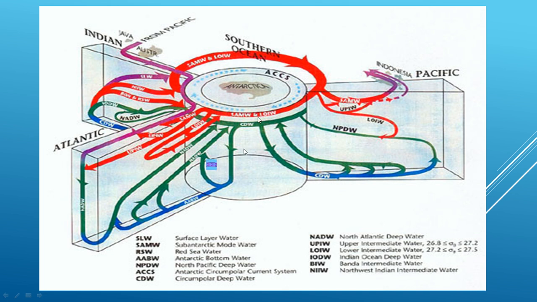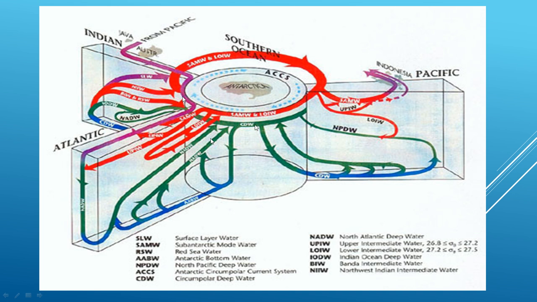Feeding in, feeding out. In other words, what goes on in the Southern Ocean connects every other ocean. All the oceans are connected. Eventually, in some manner or form, all the different water masses will interact with each other. This big hub drives it.